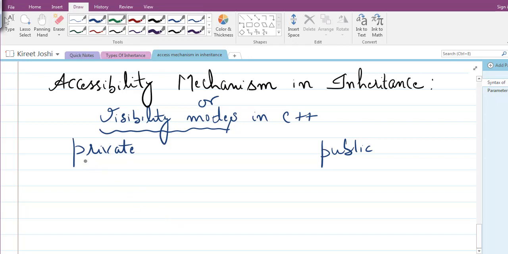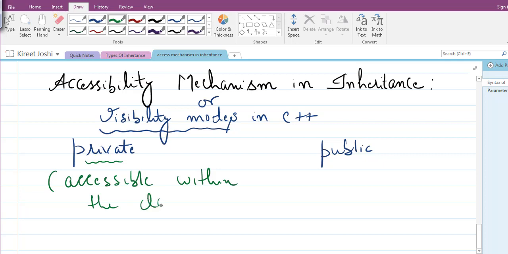Private is the access specifier in which all the data members or member functions, or I can just say the members, if they are declared in private mode, can only be accessible within the class itself, within the scope of the class, or they can be accessed indirectly by the member functions of the class that we declare as public.